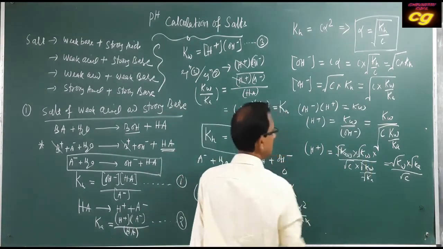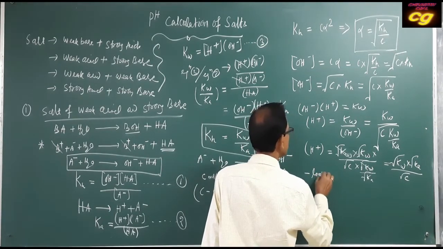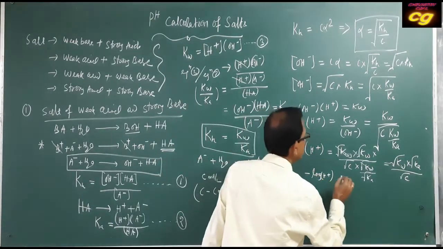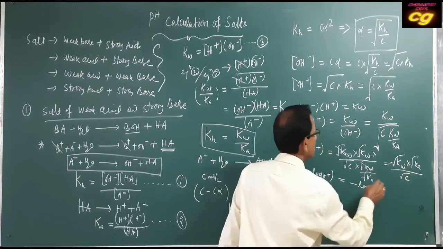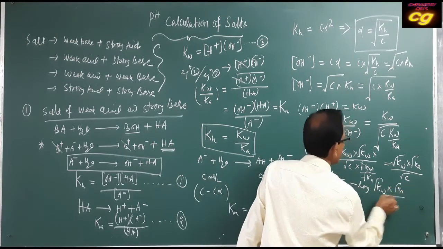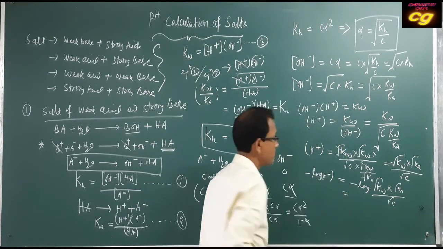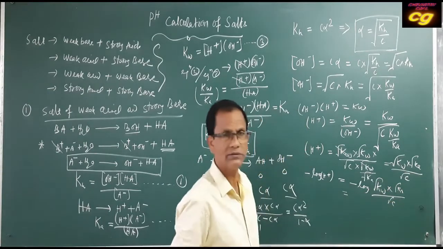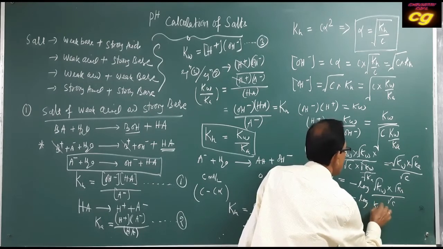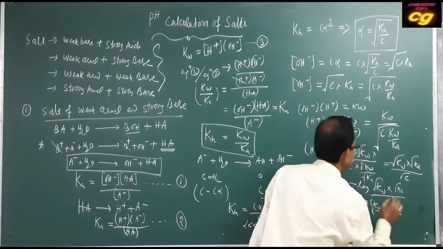Now if you multiply minus log on both sides, the result will be minus log of Kw square root into square root of Ka upon square root of C. Here both have square root, so minus log of (Kw into K upon C) to the power half.